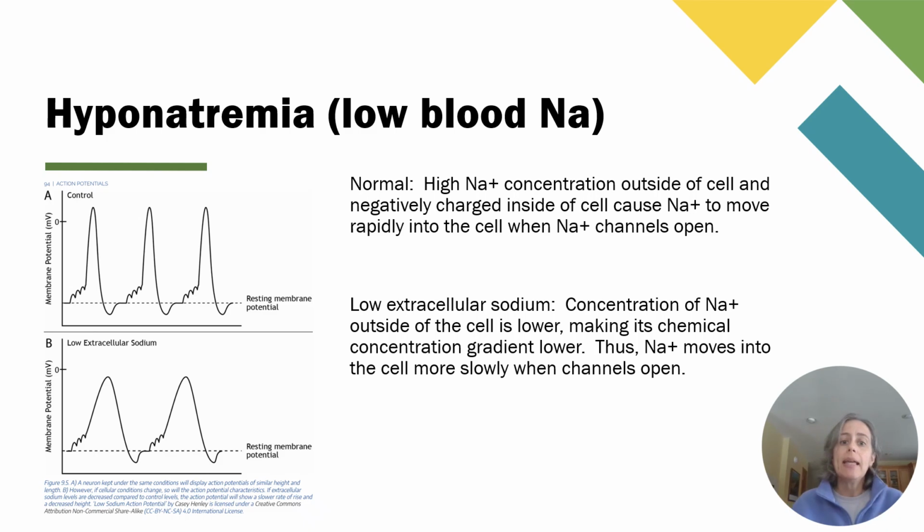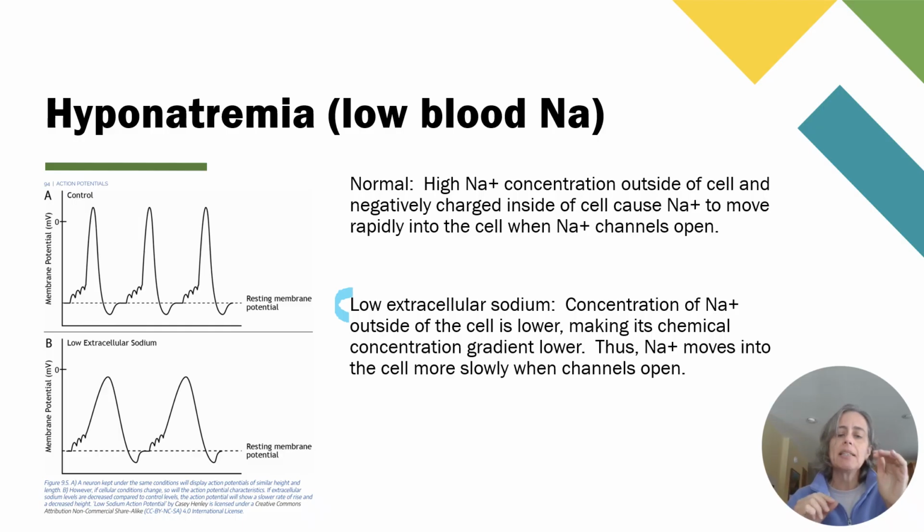So if, however, you have lower sodium outside of the cell, that means that the concentration gradient between the outside of the cell and the inside of the cell isn't as steep as it used to be because we have less sodium out here. We used to have a ton. Now we have slightly less compared to the little bit inside the cell.